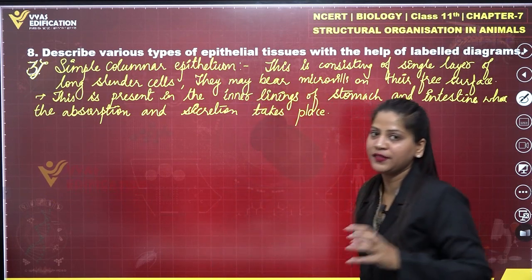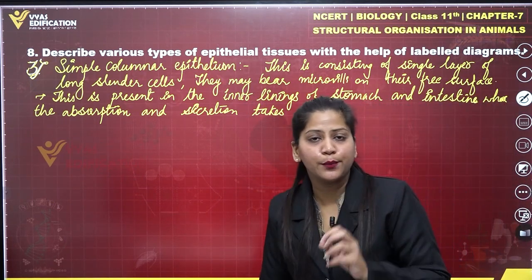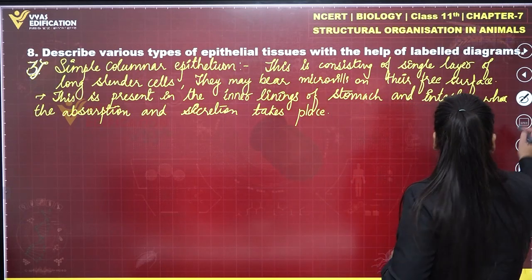So this is the example. Stomach and intestine is the example of simple columnar epithelium. Let's make a diagram for this.